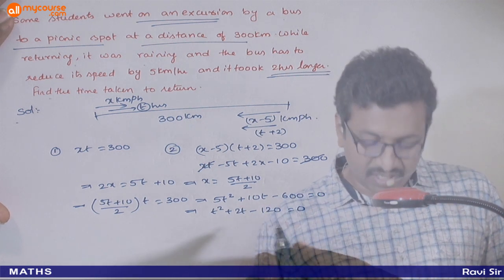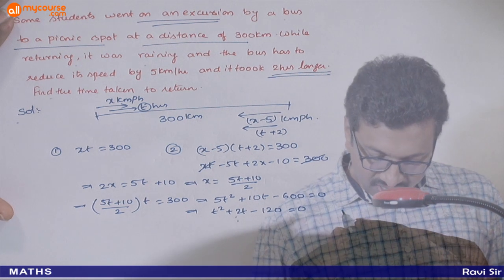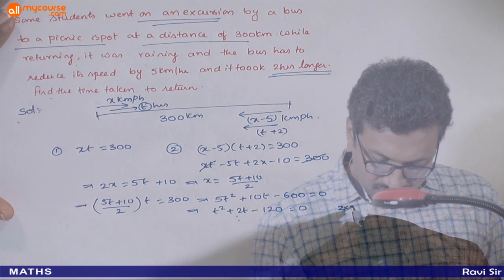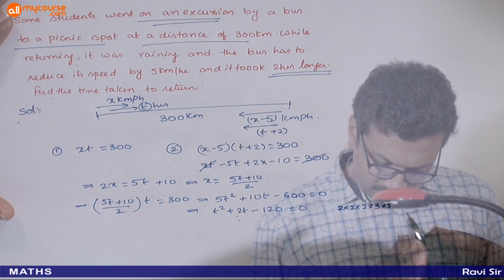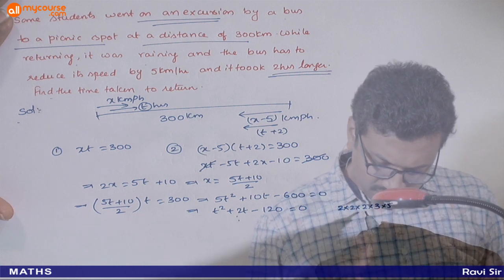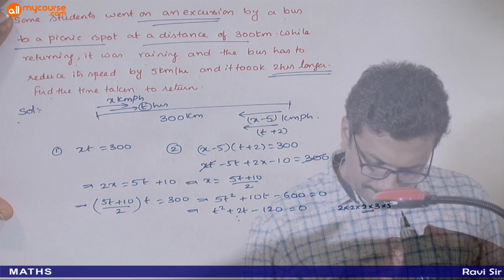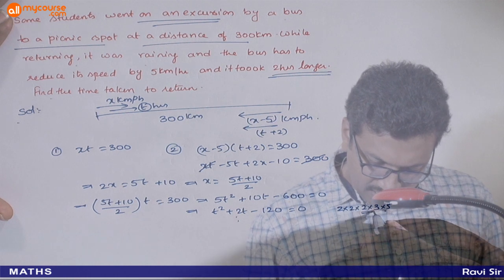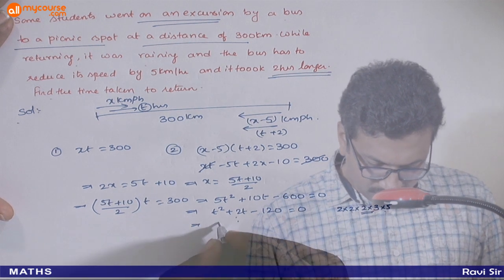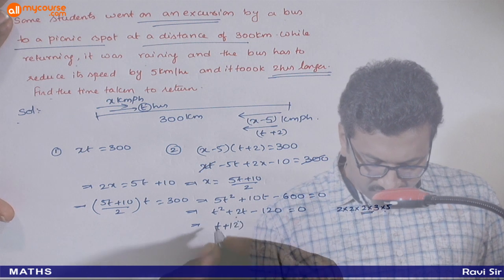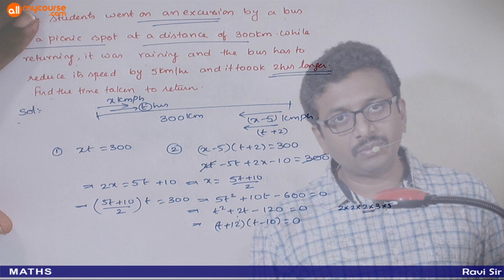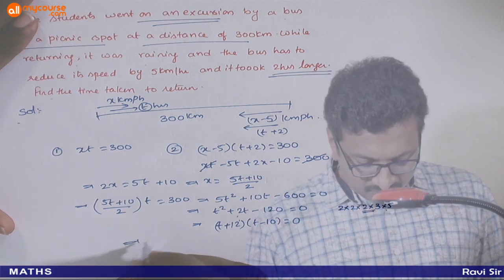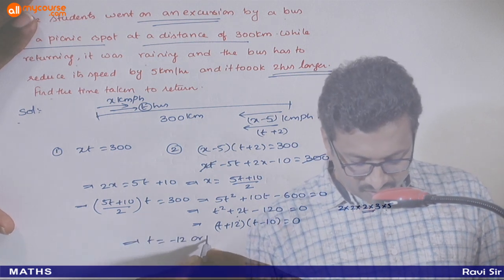So how do you split it? 120 is 2 into 2 into 2 into 3 into 5. So you need a difference of 2: 10 and 12. So (t plus 12) into (t minus 10) is equal to 0. That's the factorization. So t is equal to either minus 12 or 10.